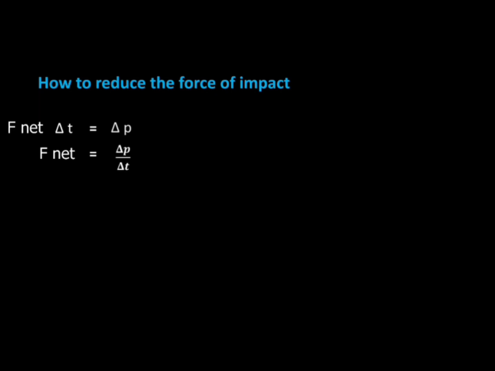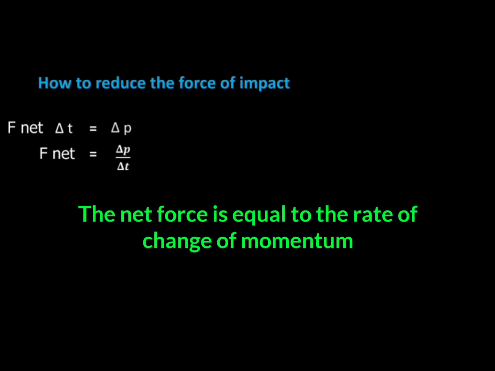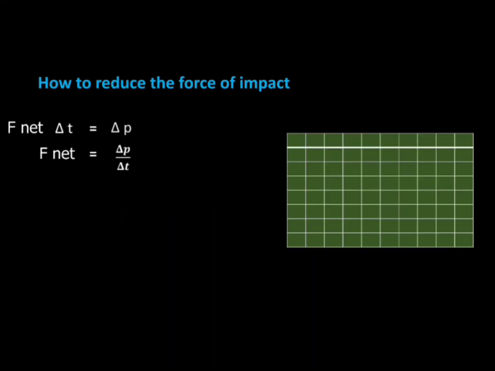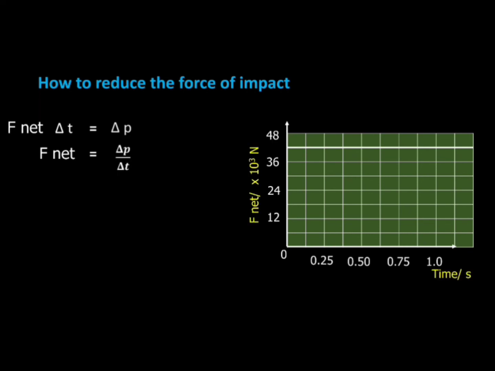The quantity delta P over delta T is the rate at which momentum changes. So we're going to plot graphs of contact time and force of impact using the car example.